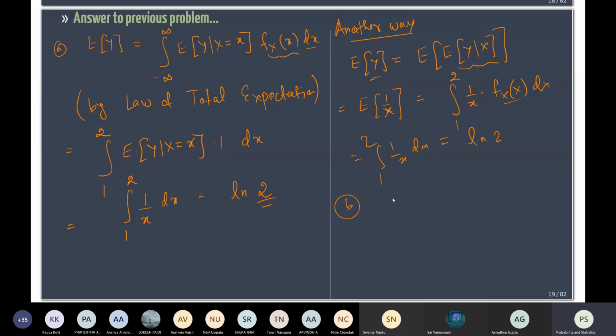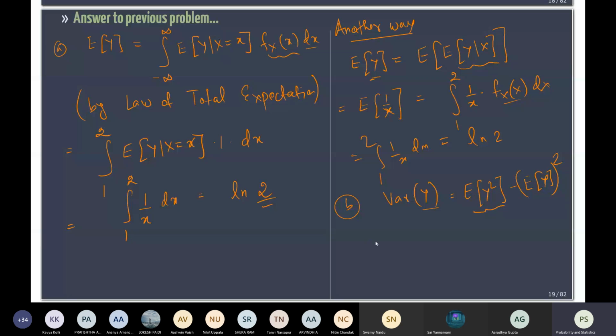Now we are supposed to find the variance of y. Again, we don't know y explicitly, but y given x is known to us, and that might be useful. One possibility is that you may want to compute this directly, as expectation of y squared, but then you have to explicitly compute these values.